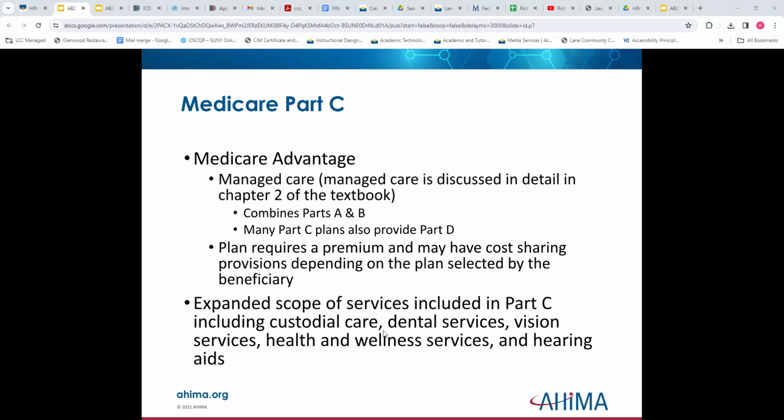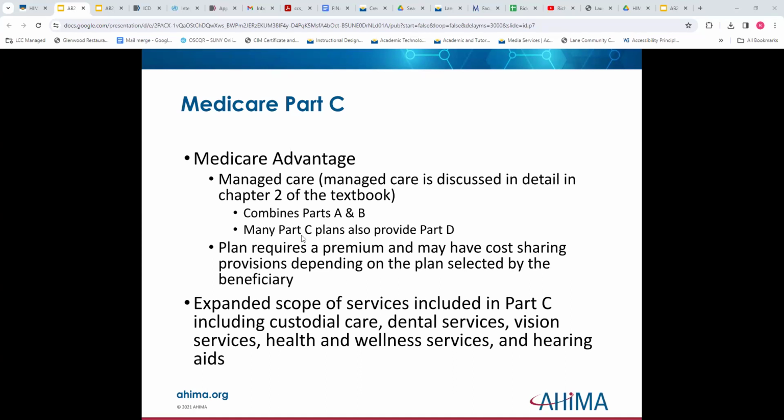These plans require a premium and have cost sharing involved. And again, these are typically things that are out of Medicare managed care products. So companies such as Kaiser Medicare Advantage, Pacific Source, Moda, all of these are examples of Medicare Part C.